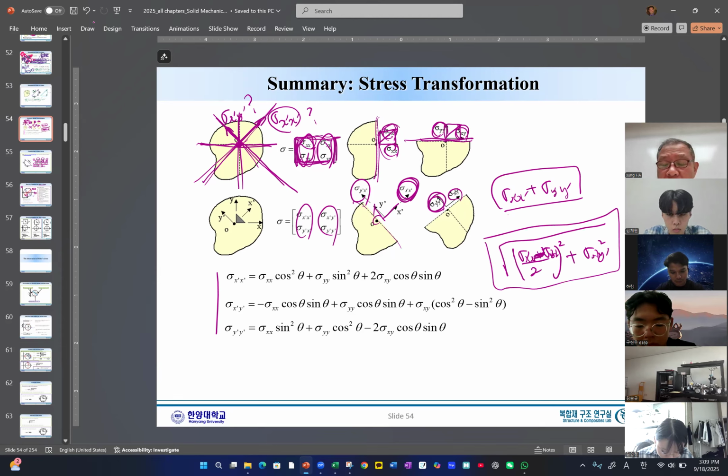This doesn't change. So we call these the first invariant and second invariant. If we refer to that circle, this represents the center of the circle, and this represents the radius of the circle.